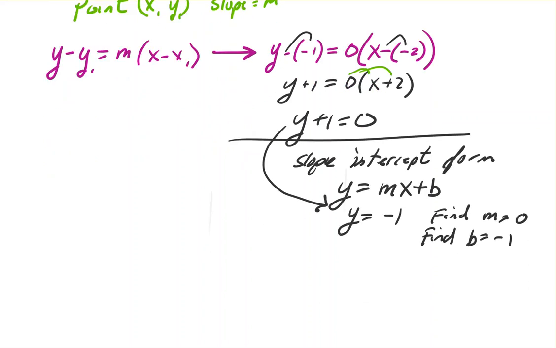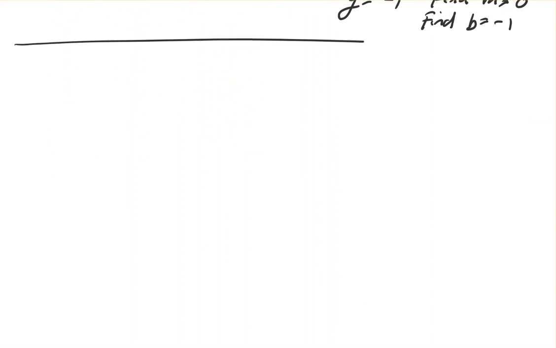All right, so let's move on to question number 3. Question number 3. And what I ask you to do is go ahead and put me on pause. You try it and let's see what happens. Okay, so here we are given m equals 6 and an ordered pair of 1 and 2.